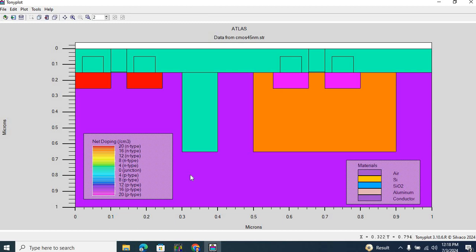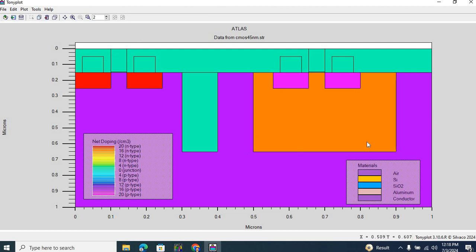The substrate has a doping of 3 into 10 to the power of 18 per centimeter cube, relatively high as compared to long channel devices, and it's p-type, as you can see from the color chart. But I already discussed the reason for that, why the substrate doping is relatively high. Similarly, the drain and source have n-type carrier concentration, and their dopings are 1 into 10 to the power of 20 for the NMOS.